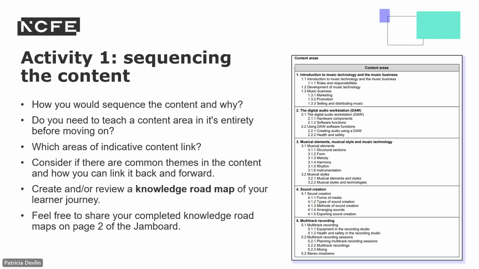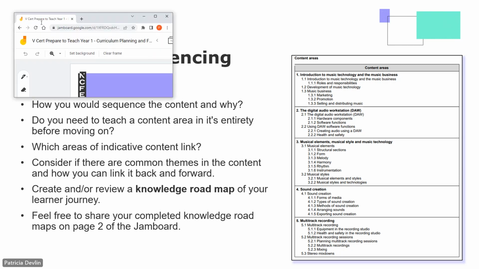Can you link forward to link back? How can you embed the knowledge? How can you embed the skills? So we're going to create a learner journey roadmap on the Jamboard on page 2. And we're going to look at the content areas and how they could be interleaved together.